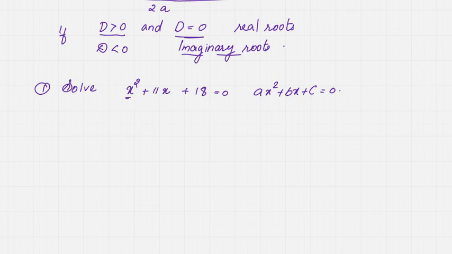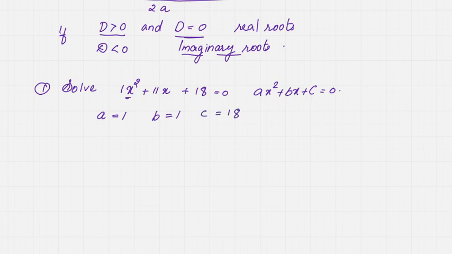Comparing x square plus 11x plus 18 equal to 0 and ax square plus bx plus c equal to 0, we can conclude that a is equal to 1 because a is the coefficient of x square, b is equal to 11 and c is equal to 18.